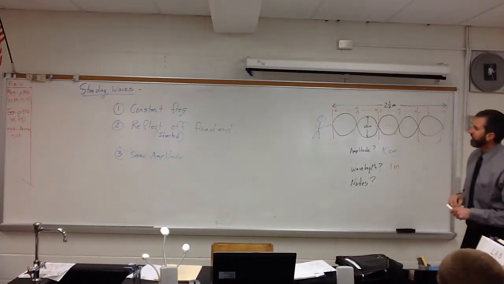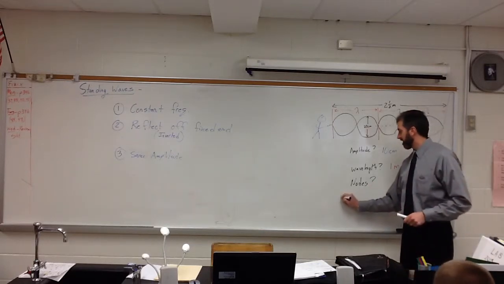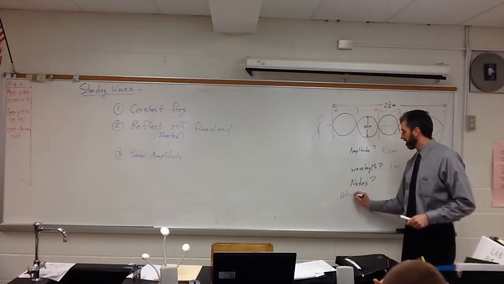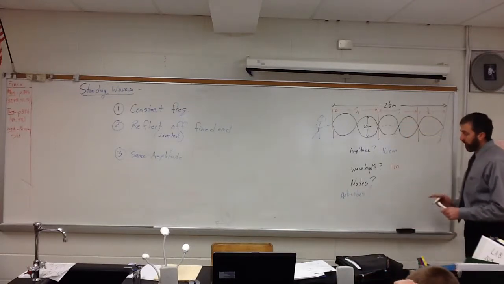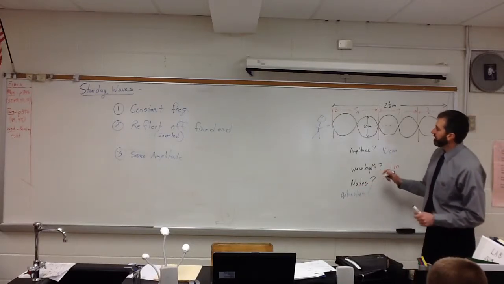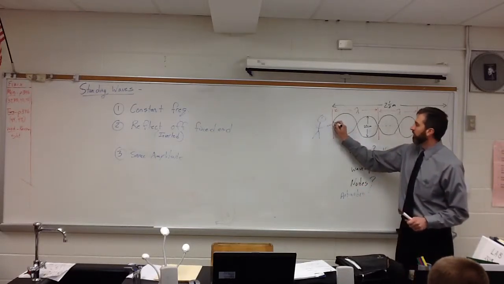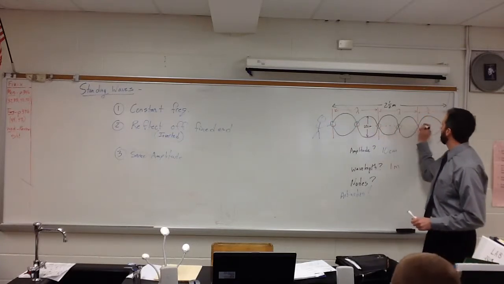Now the last thing is sort of a vocab thing. A standing wave consists of nodes and antinodes. Nodes are points of no disturbance. For instance, I'll circle all the nodes in blue. Node, node, node, node, node, node.